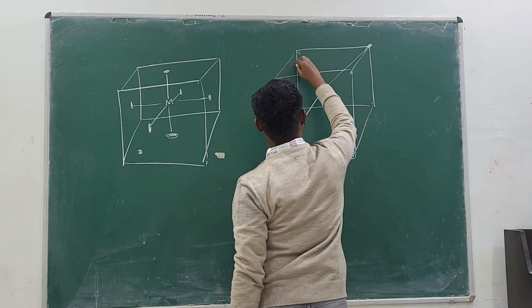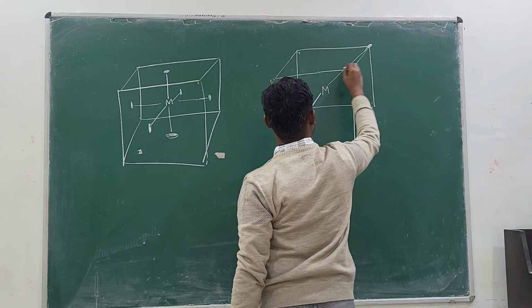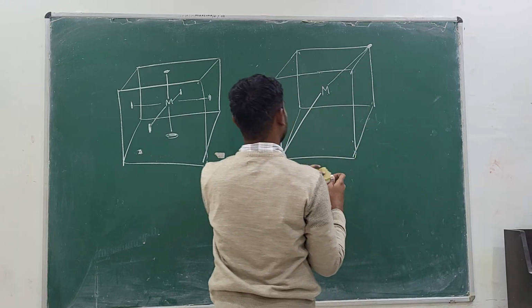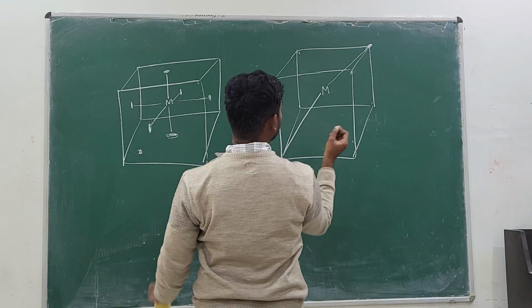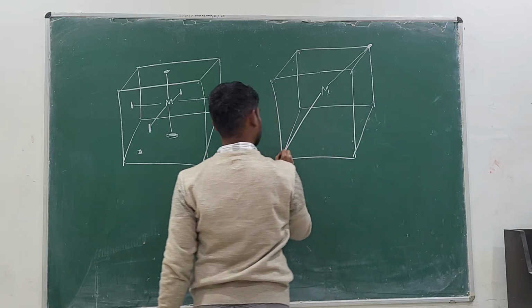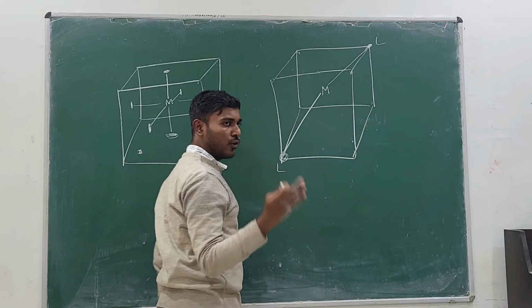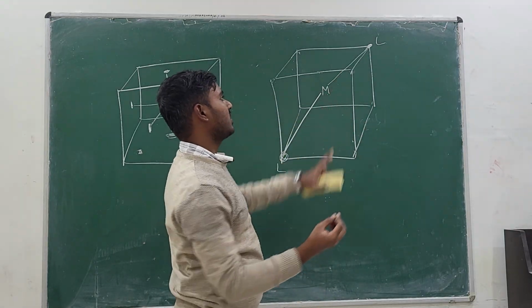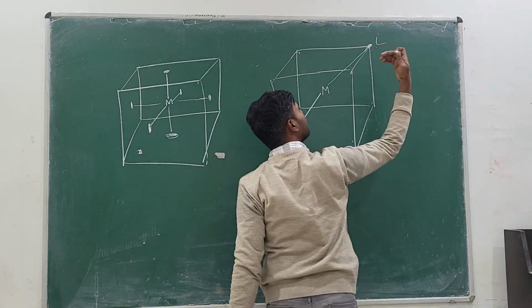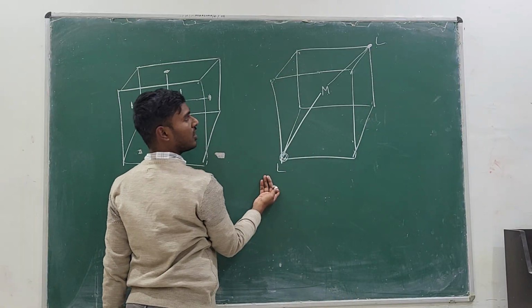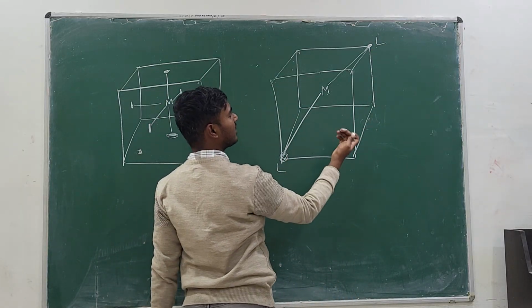Let me explain this. In the tetrahedral complex, there are 4 ligands. This corner is in the back side, whereas this corner is in the front side.